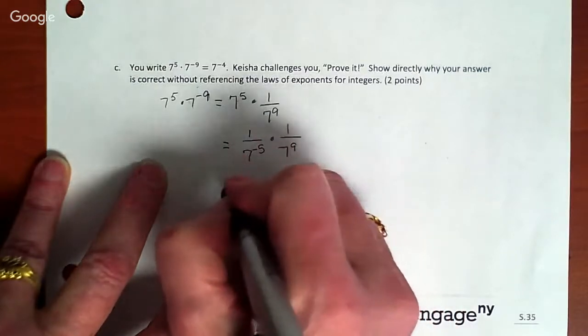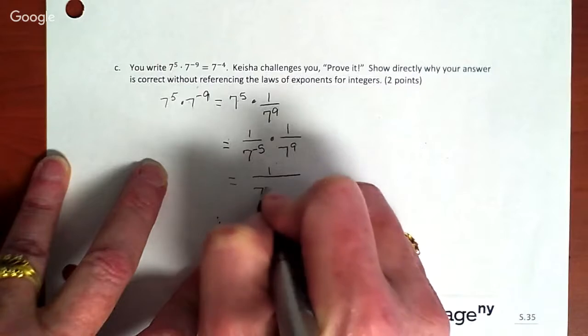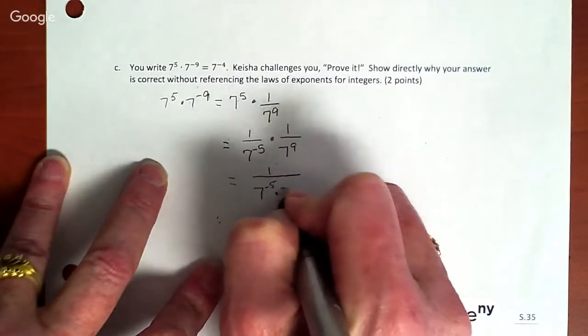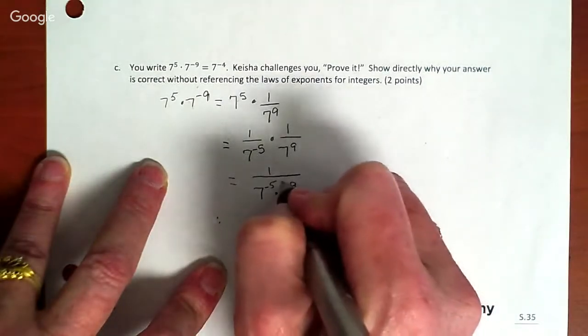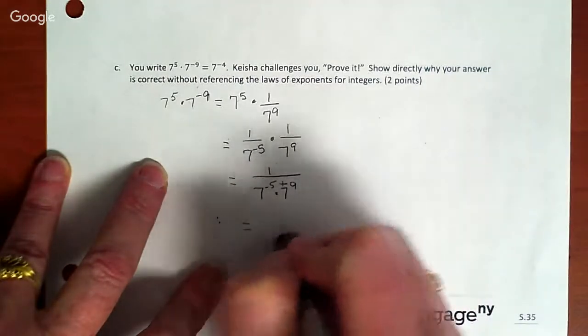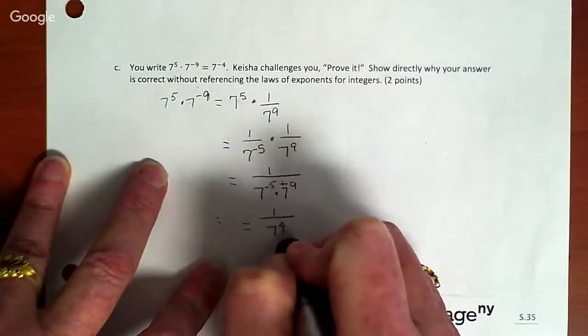Well, if I combine them, I can write it as 1 over 7 to the negative 5th power times 7 to the 9th power. Well, I can add those together, and I can get 1 over 7 to the 4th power.